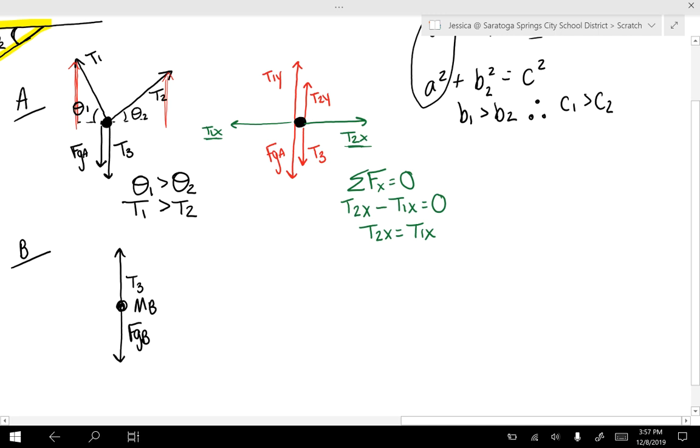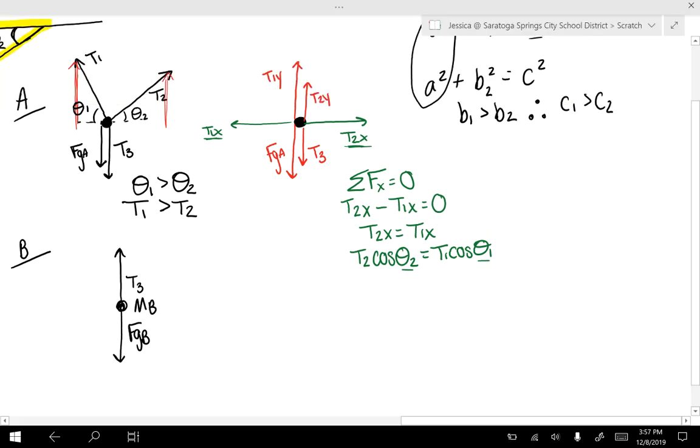And you might be thinking, doesn't that mean that T1 and T2 are equal? But that is not the case because remember, we have those cosine components in there as well.